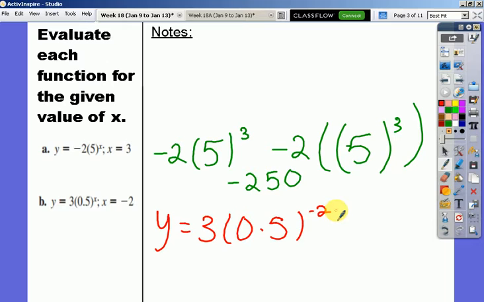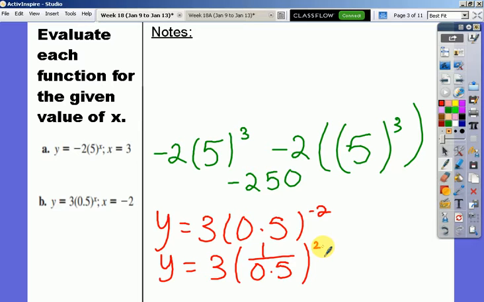Yeah, bring it to the bottom. Okay. So this becomes y equals 3 times 1 over 0.5 squared. Again, if you're plugging this in your calculator, you want to take 1 divided by 0.5 and square it, or 1 divided by 0.5 times 0.5 times 3, and then you'll get your answer.